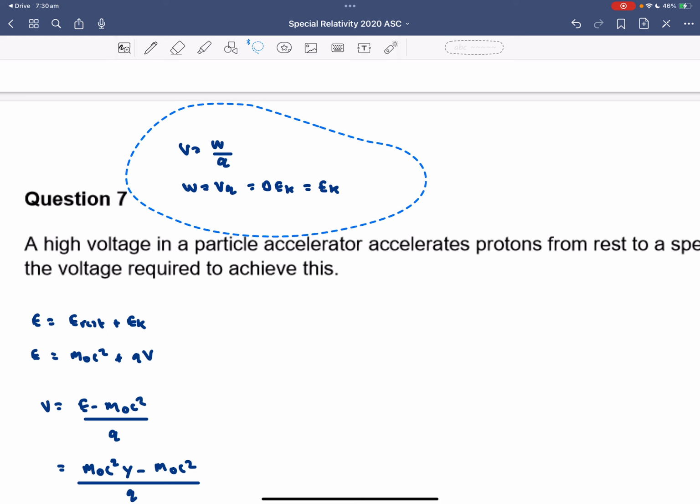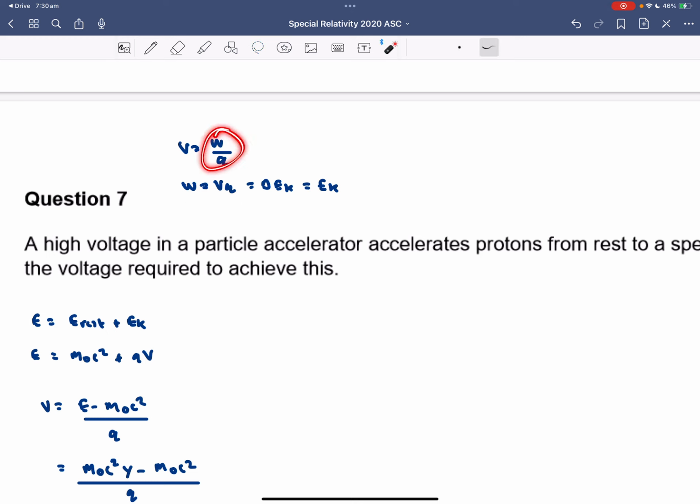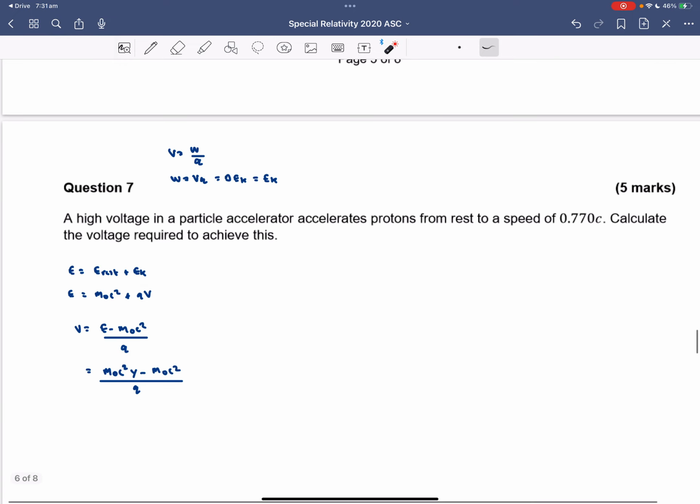So I hope that makes sense. Voltage is work done over charge. That work achieves an acceleration, and because it starts off stationary, the change in kinetic energy is actually equal to the total kinetic energy. That's what allowed me to replace EK with QV.